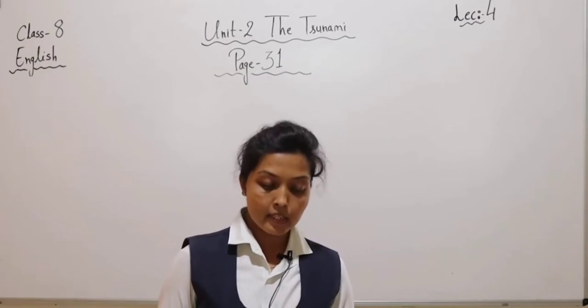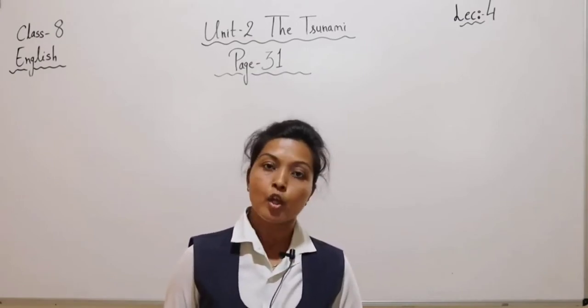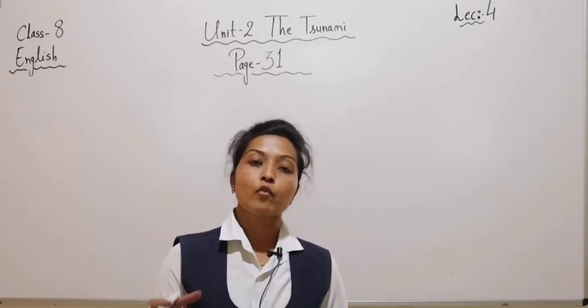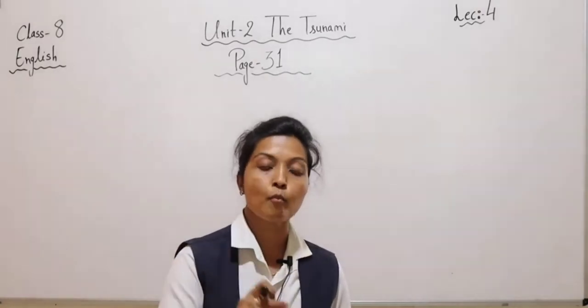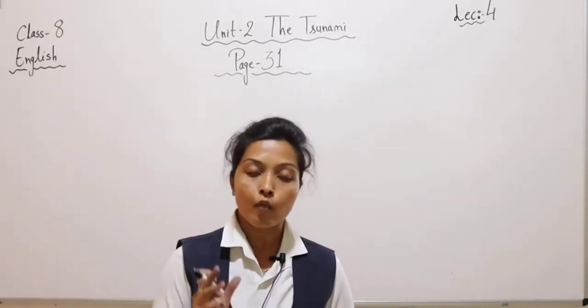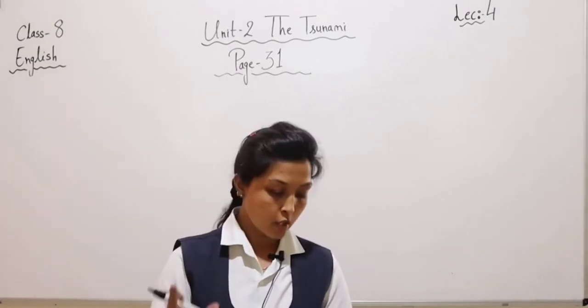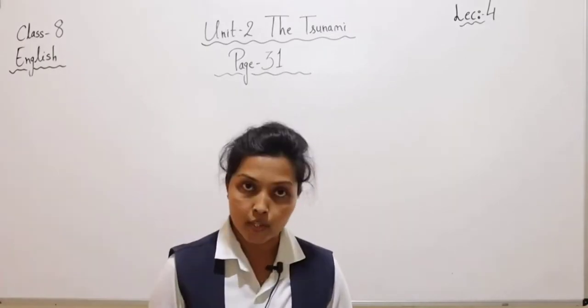In these sentences, the focus is not on the person who does the action. When the focus is not on the person who performed the action, the sentences are in the passive voice.